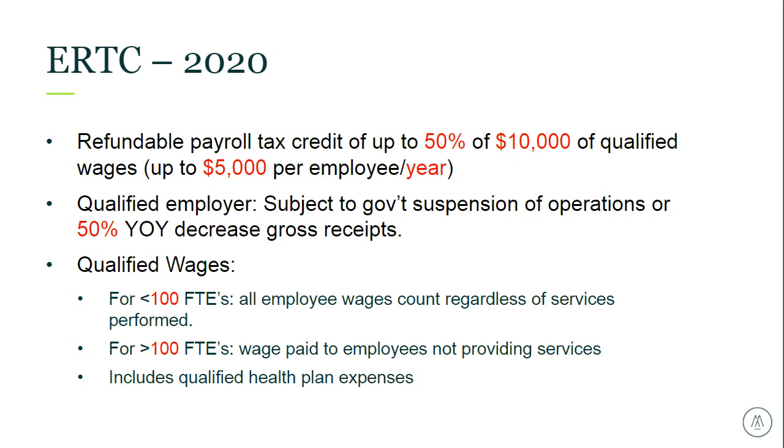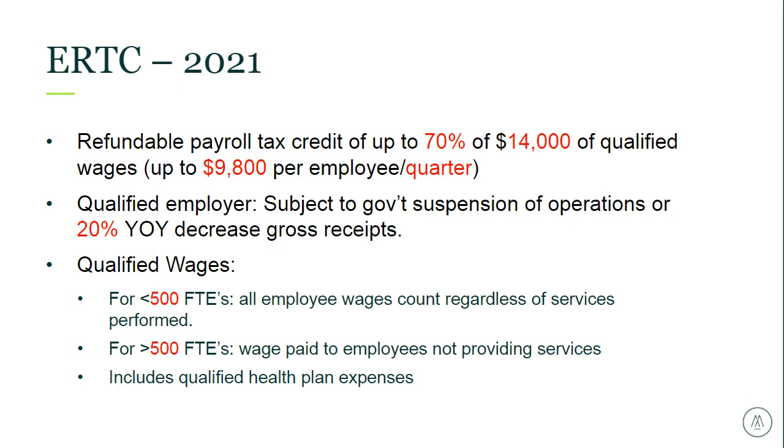So if you had an individual who wasn't working but you were still compensating them, then those wages would be qualified if you had more than 100 full-time employees. Also, qualified health plan expenses are considered qualified wages. So if you had people on furlough and you continued to pay their health plan premiums, those would be qualified wages, assuming you're a qualified employer and these other items are applicable.